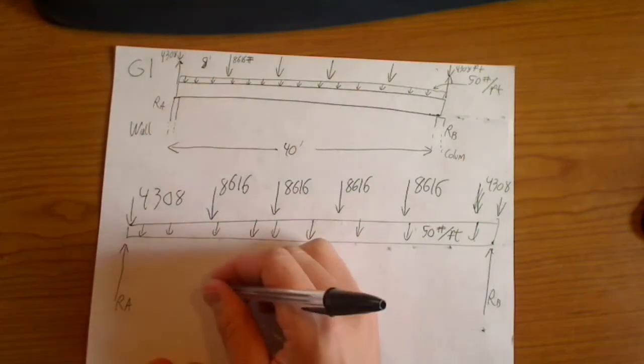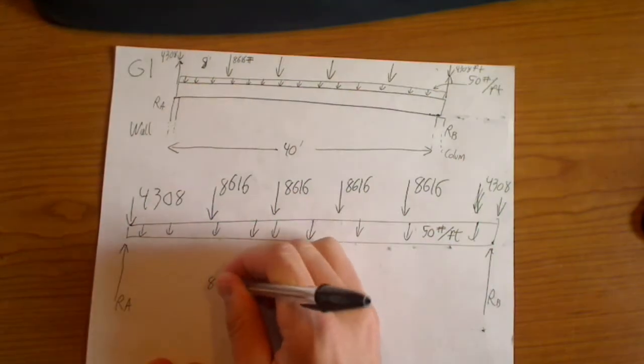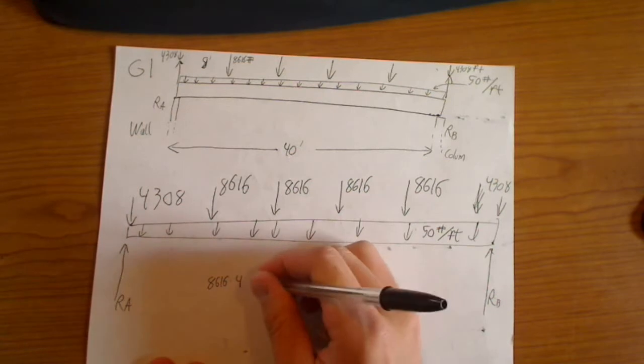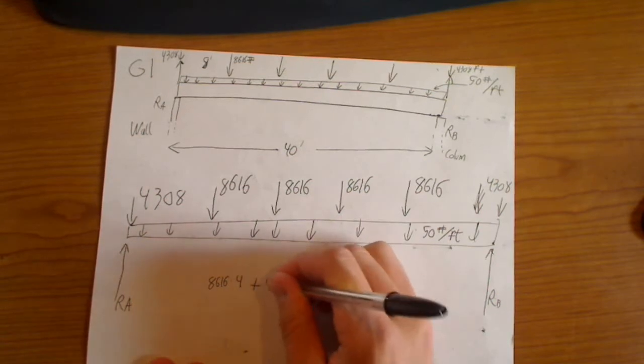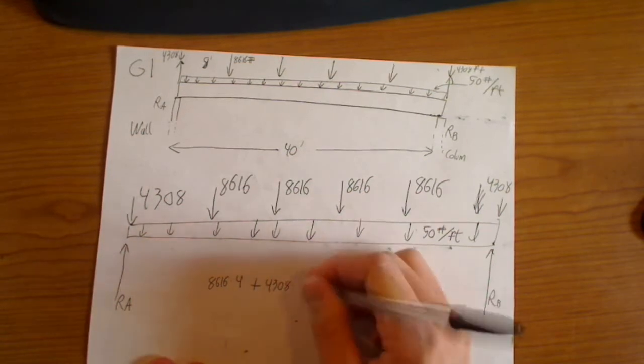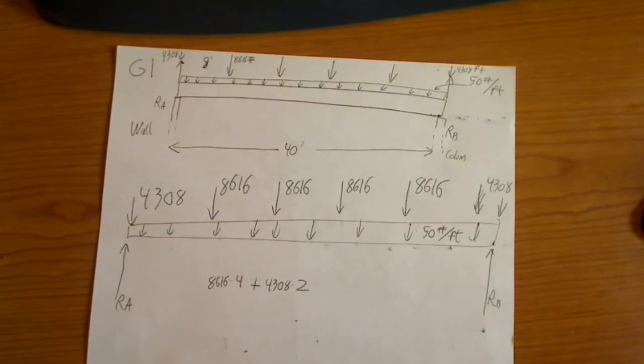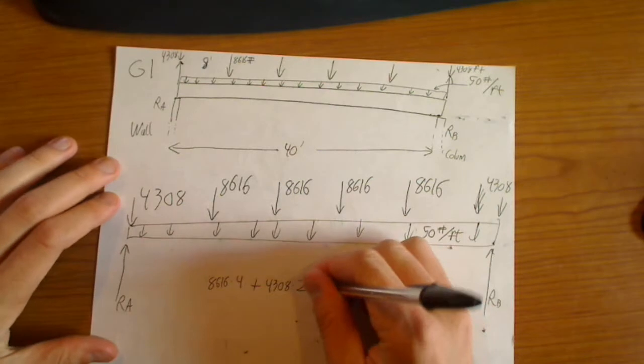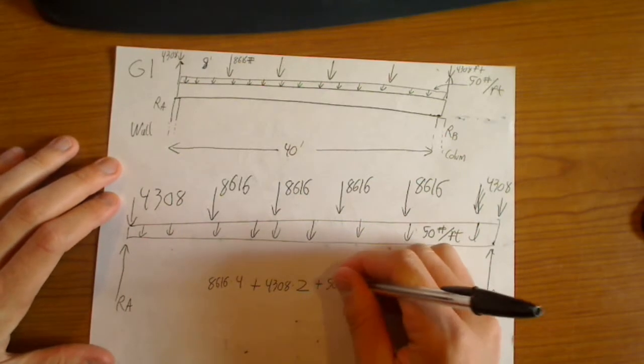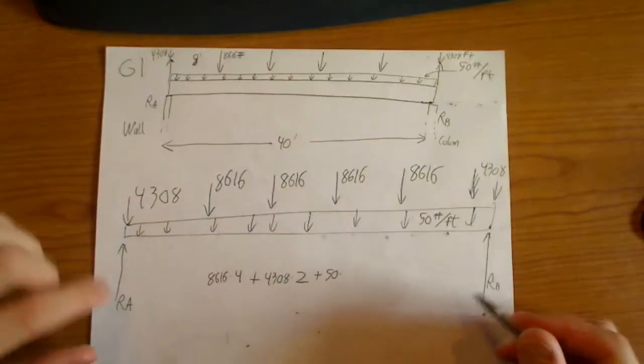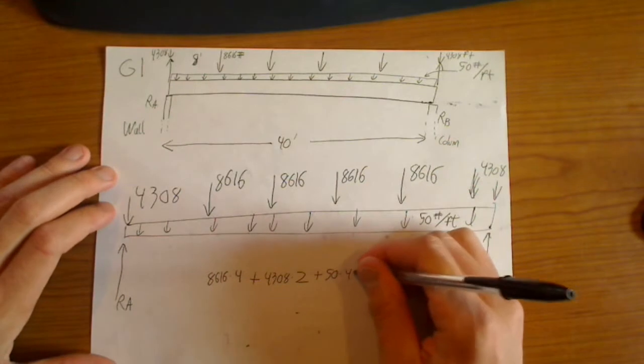So we would have 8,616 times 4 plus 4,308 times 2 plus 50 times, how long is this? This is 40 feet.